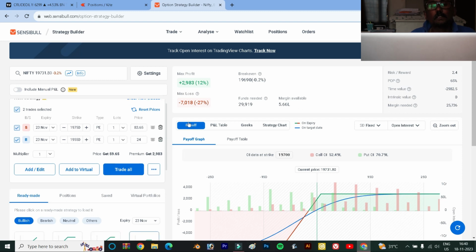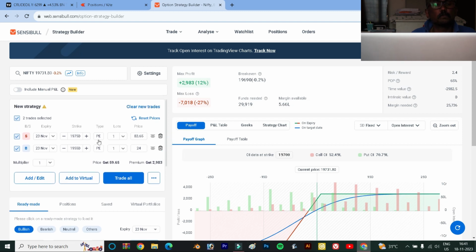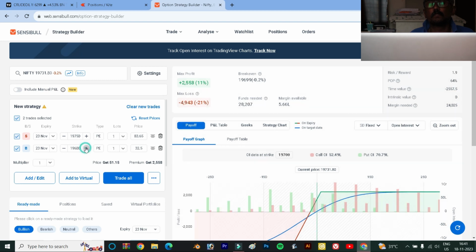In the bull call spread, the buying price is more. In the bull put spread, the selling price is more, and we will sell at the ATM and buy at the OTM. So here the maximum profit is limited and the maximum loss is very high for this one.